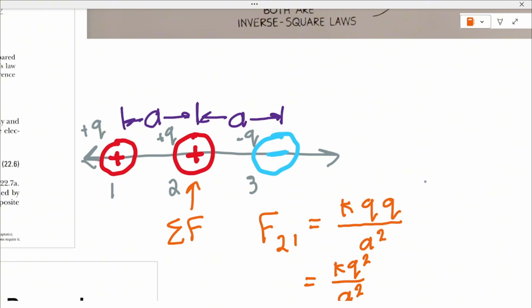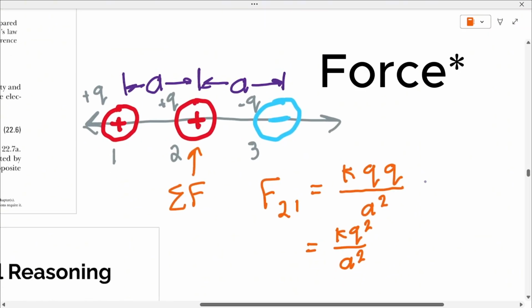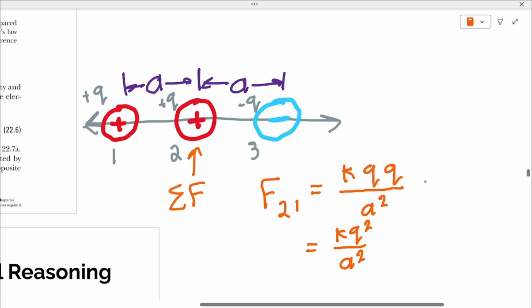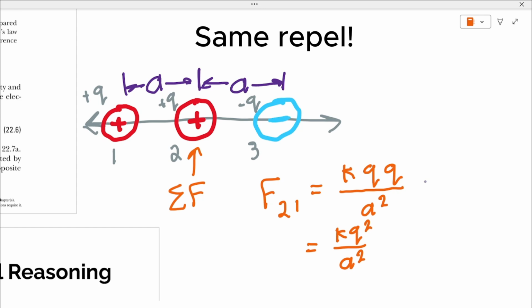Now that's the magnitude of the force. Now the direction, since this is a repulsive force, it's going to be to the right.